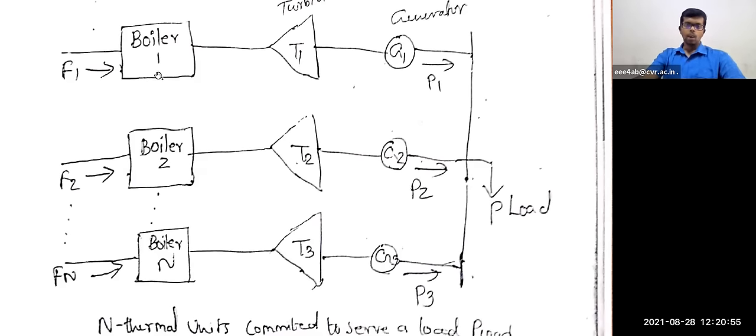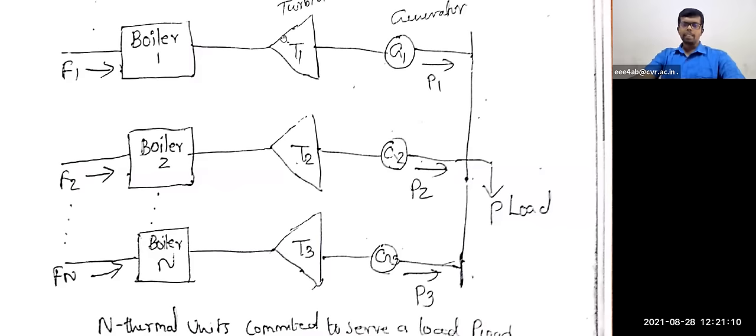Already we have seen, H1 or H1 of P1, F1 of P1, are the same. But generally the fuel supplied to the first boiler is F1.